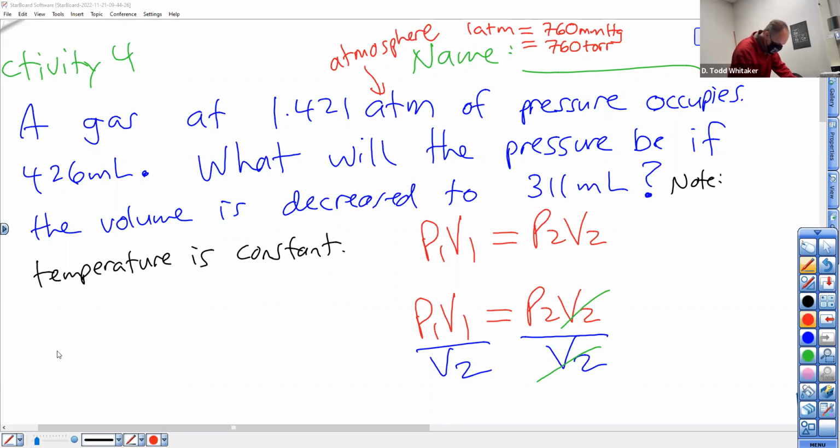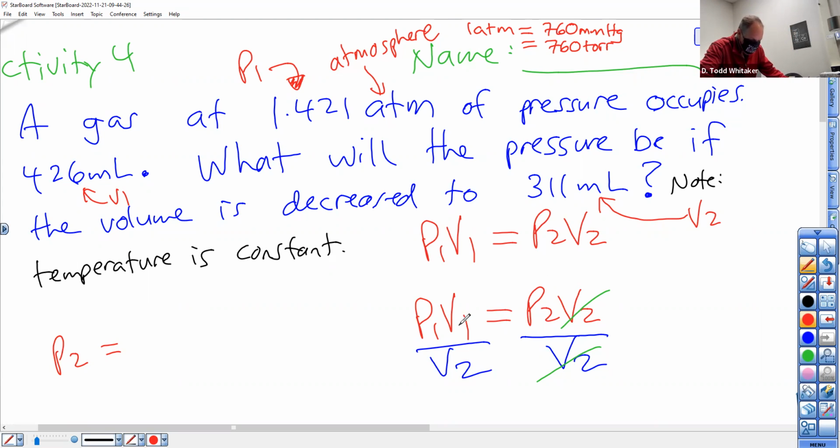So P2 equals P1, which is right there. V1 is right there. What does 311 mLs represent of my four variables? V2. Plug and play is what we say now. P2 is equal to P1 V1 over V2. P1, 1.421.